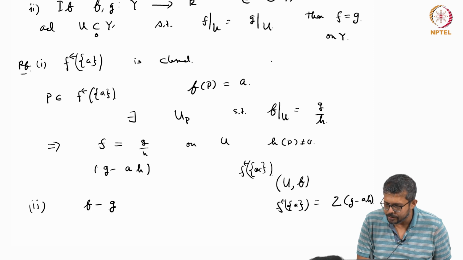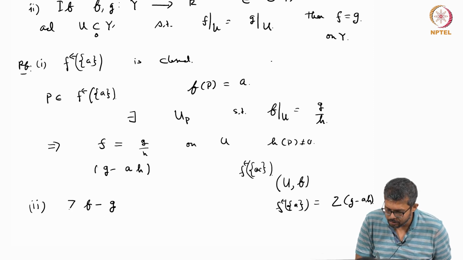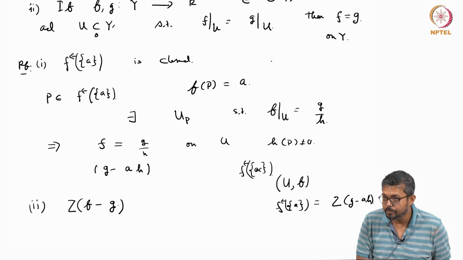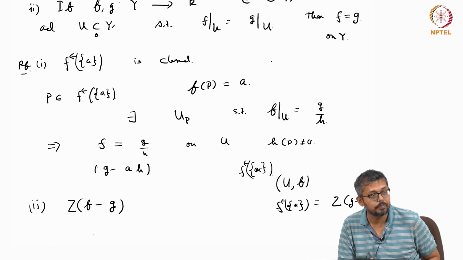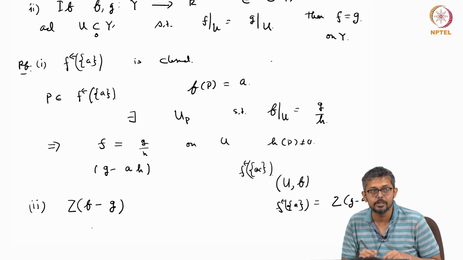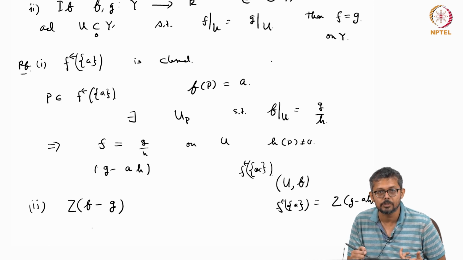Consider f minus g. Now consider the zero set of f minus g. This is a continuous function, so the zero set is f minus g inverse of 0.